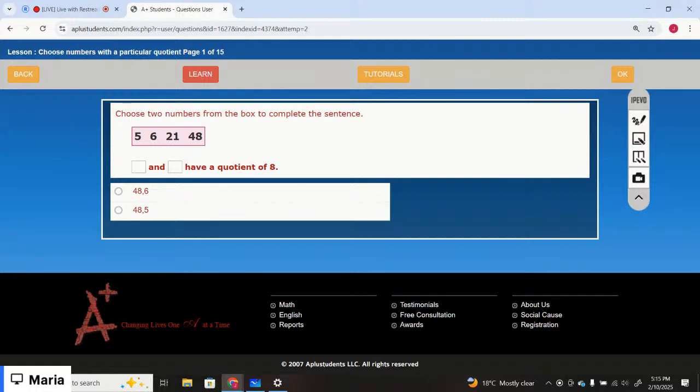Choose two numbers from the box to complete the sentence. Which two numbers have a quotient of 8?